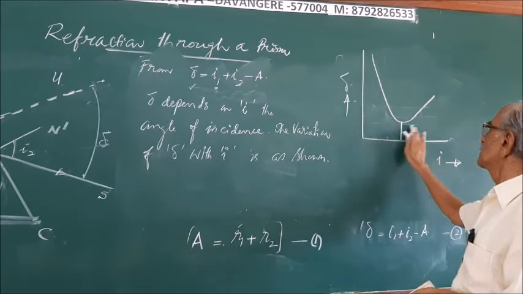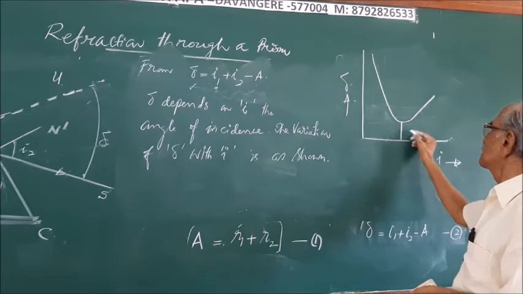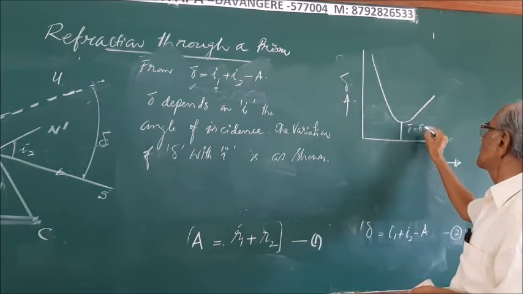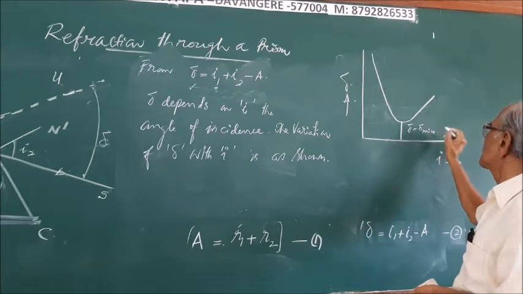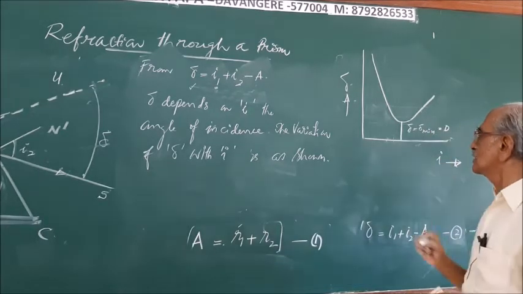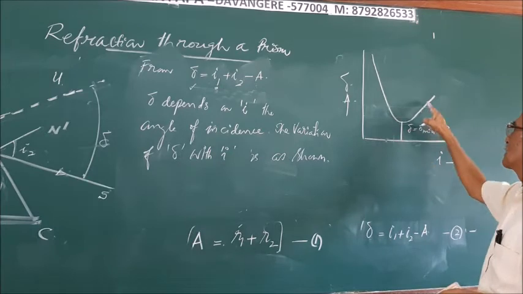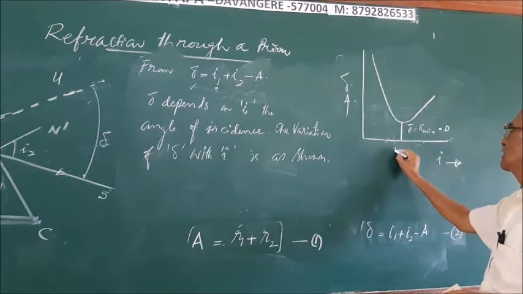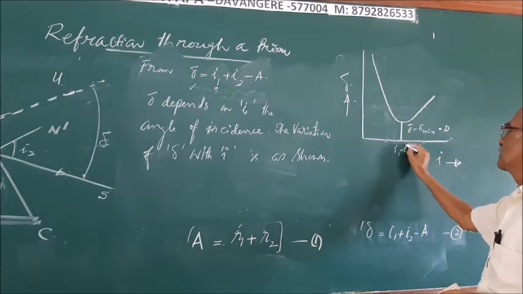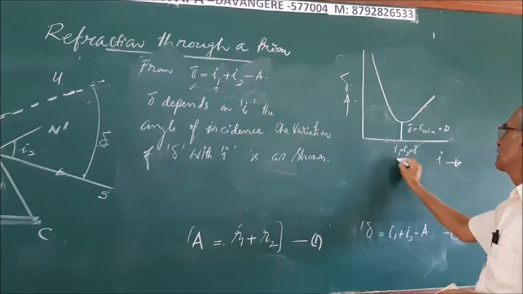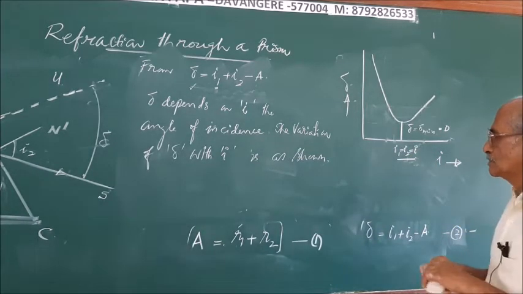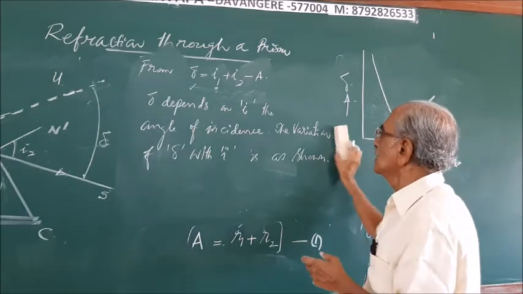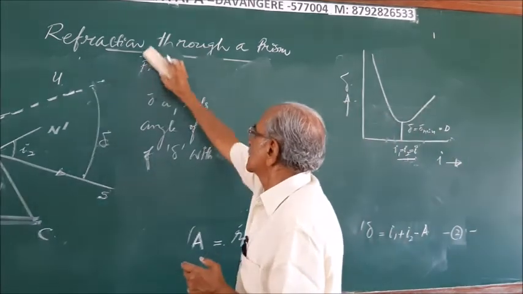So when delta is delta minimum, which we denote by capital D, I1 and I2 become equal.